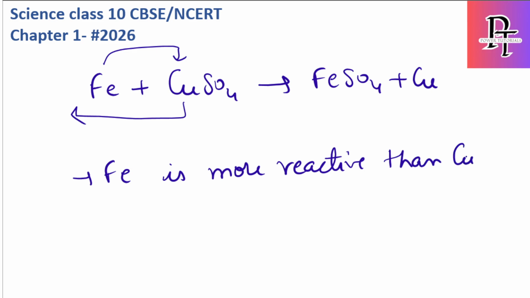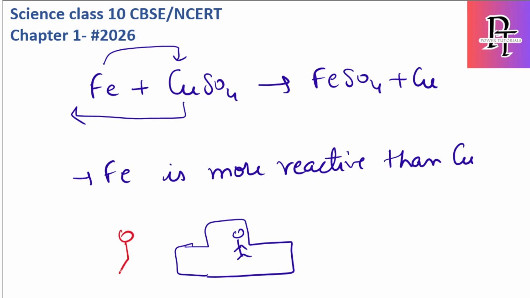Okay, so if you want to remember it in terms of an animated or cartoon type of picture, just remember that we have a car. Inside this car we have a weak person. Now we have one stronger person, say something like a goon.